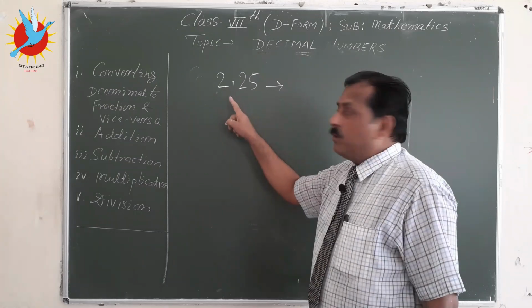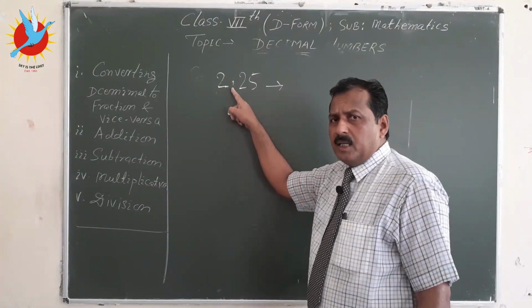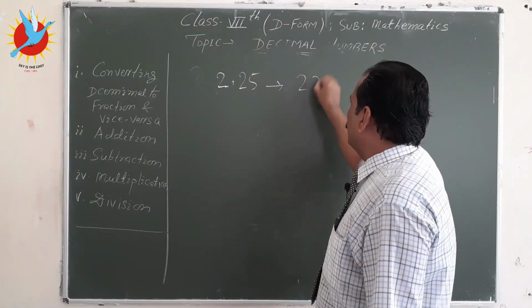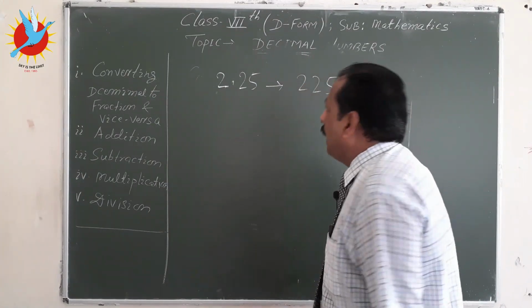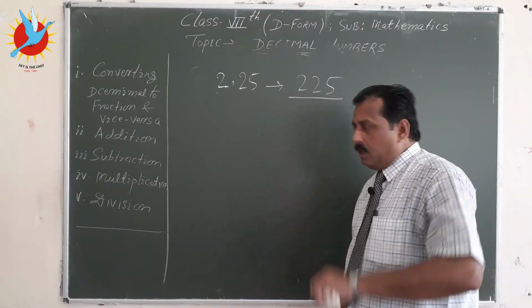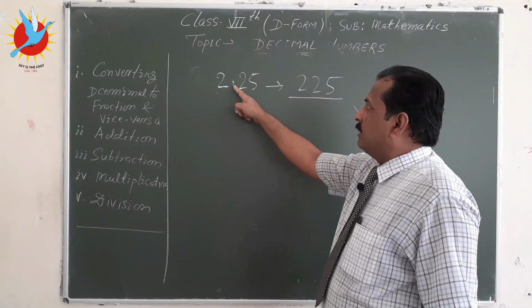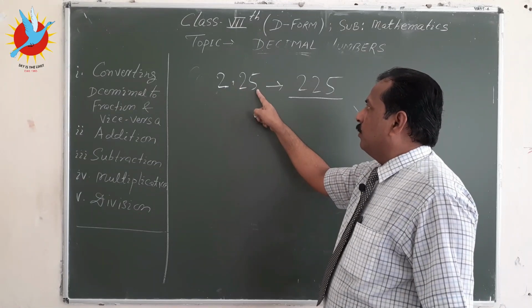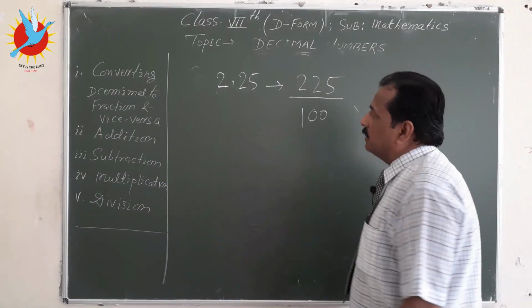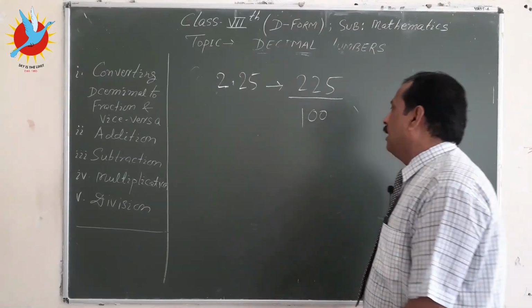This I told you: forget the decimal, ignore the decimal, write the number as it is, 2, 2 and 5. And then you count the number of digits after the decimal. So the number of digits after the decimal is 1 and 2. So 2 zeros and 1 means this denominator will be 100.